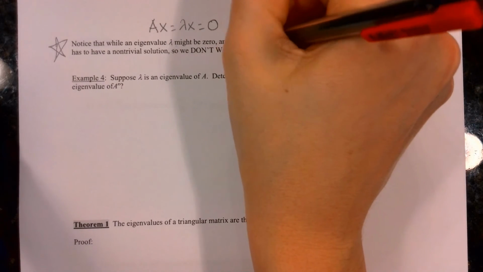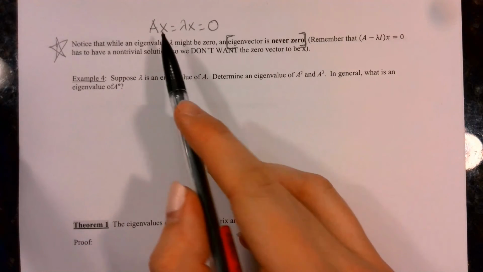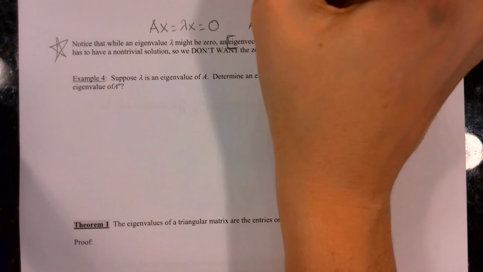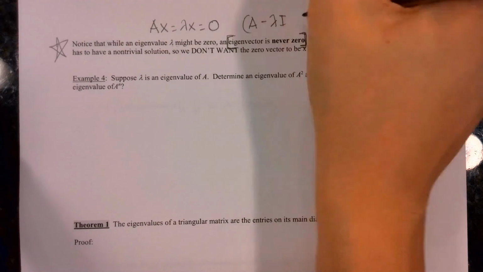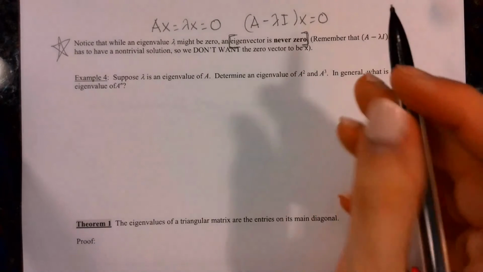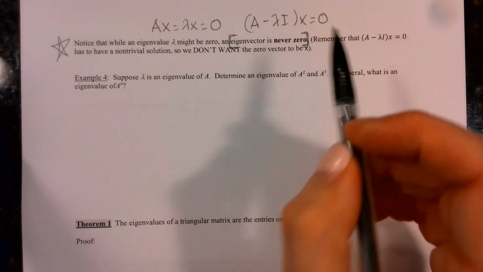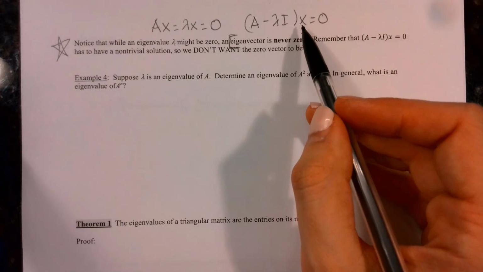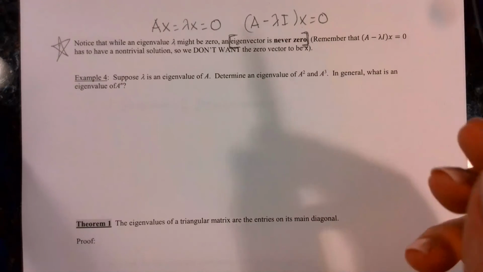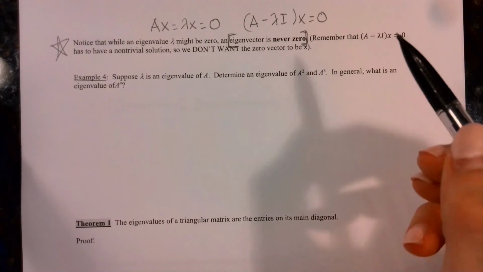An eigenvector has to be a non-trivial solution to (A minus lambda I) times x equals 0. Obviously an eigenvector is never the 0 vector, because putting a 0 there will make the whole thing 0. We're interested in the non-trivial solutions.